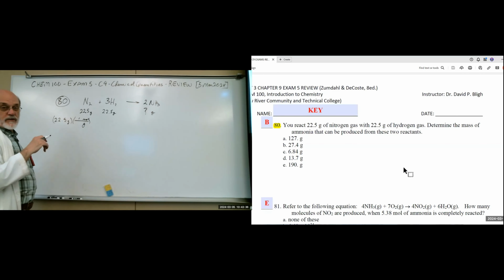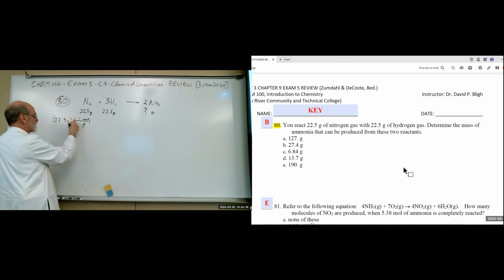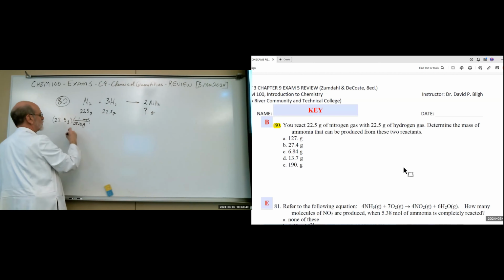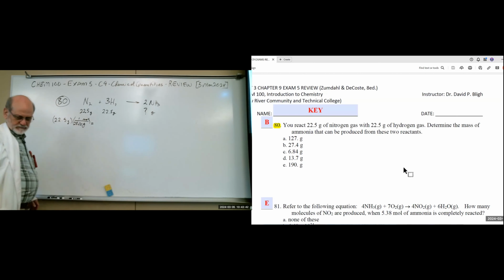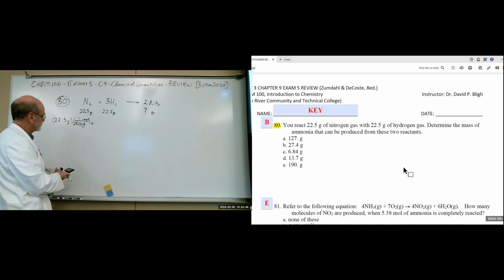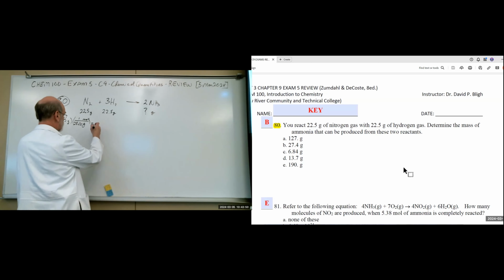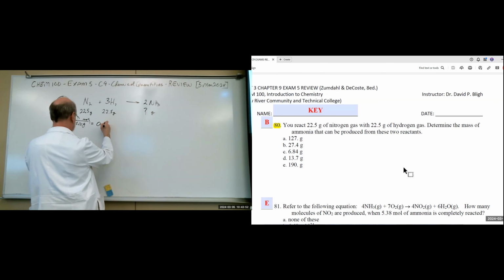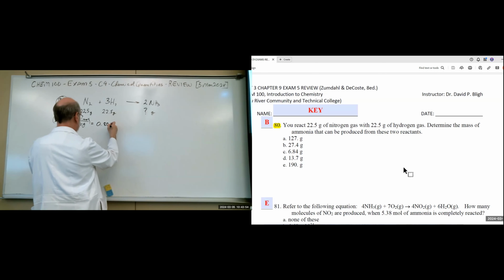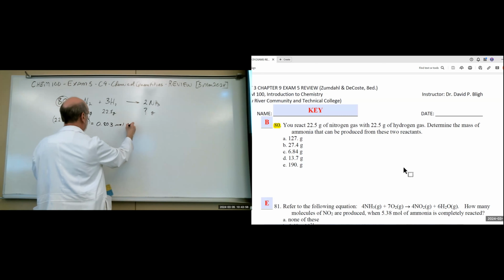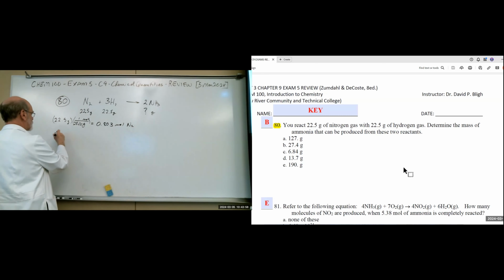So each nitrogen is 14.01. That means 28.02. I'm going to do these step by step. That's 0.803 moles of nitrogen.